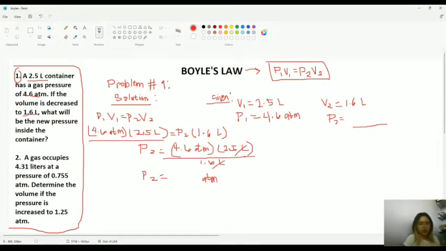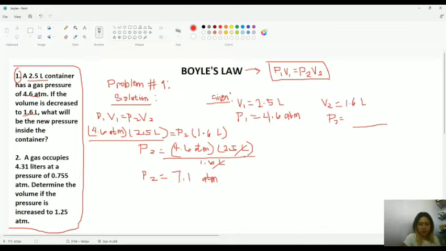So, solve natin. Pwede nyo rin gamitin yung shift solve na way sa pagsusolve sa calculator or scientific calculator. So, ayan, the final pressure is 7.19.